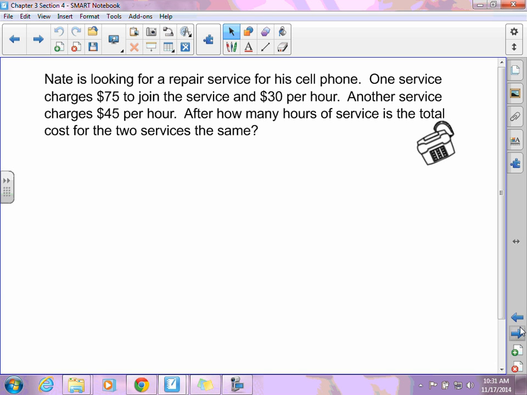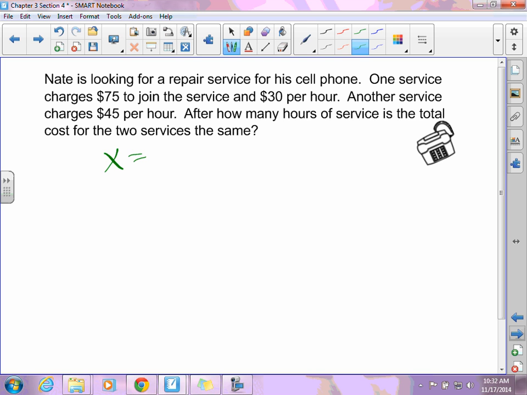So the first thing we needed to do is read the problem, which we did. The second thing that we needed to do is to do what? Define your variables. So I'm going to go x equals, what am I trying to find? The amount of what?